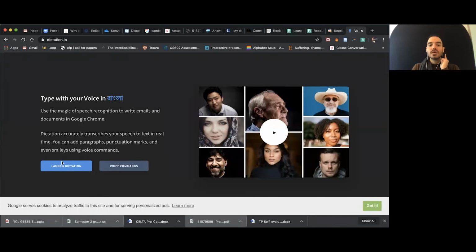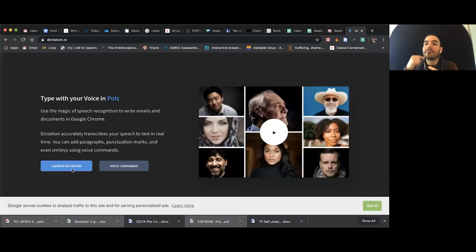What you do, you click here that says launch dictation, and it starts listening to your voice, and it automatically writes whatever you say. If you have a smartphone, you have that already. You have Siri, or you have Alexa, where you talk and the computer writes what you say.